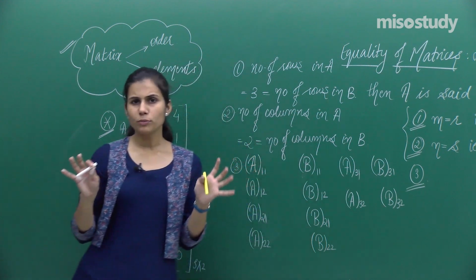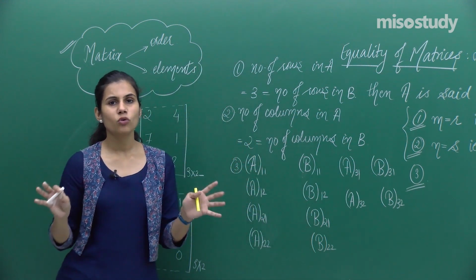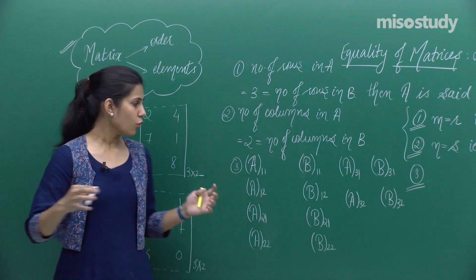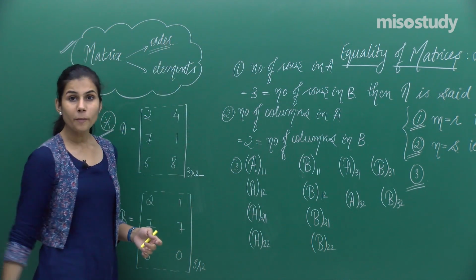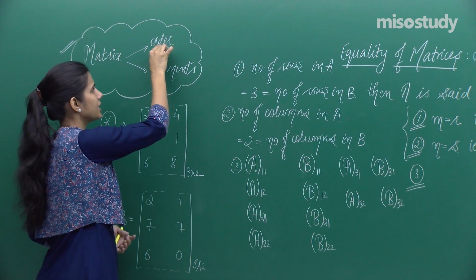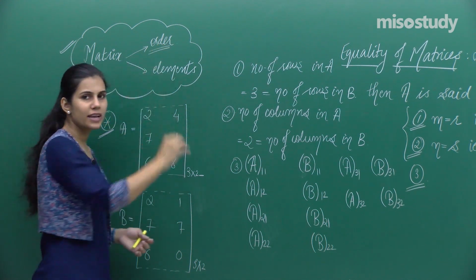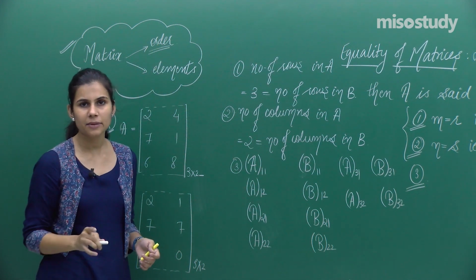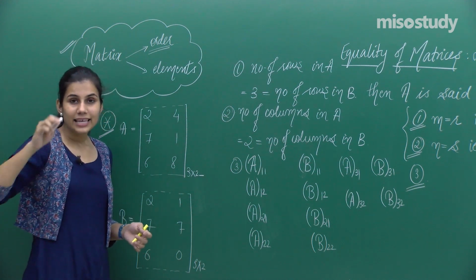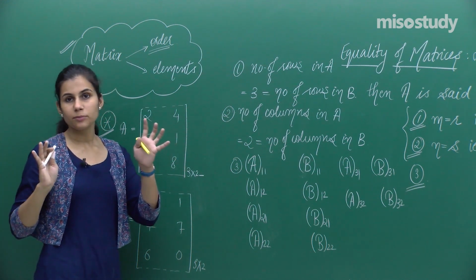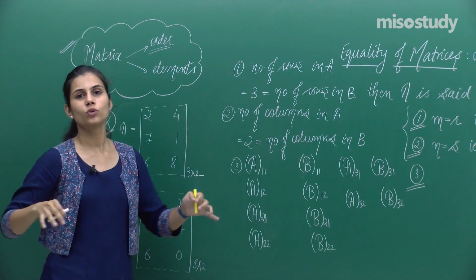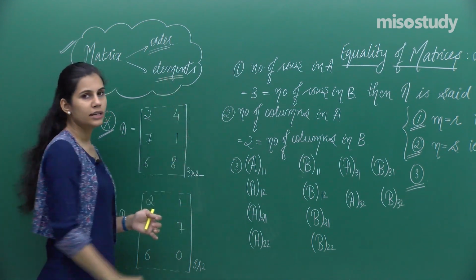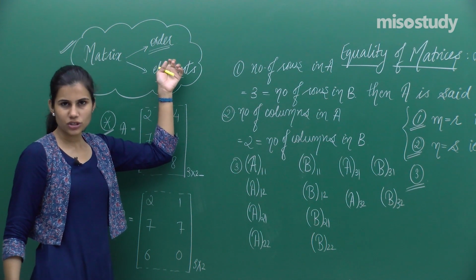When I am talking about 2 matrices being equal, the matrices are known by the order and the elements. So the order has come out to be the same. The moment the order is the same, the positions available to both the matrices are exactly the same, and now we are concerned with the elements sitting in those positions. If the order is the same, that means positions are the same.